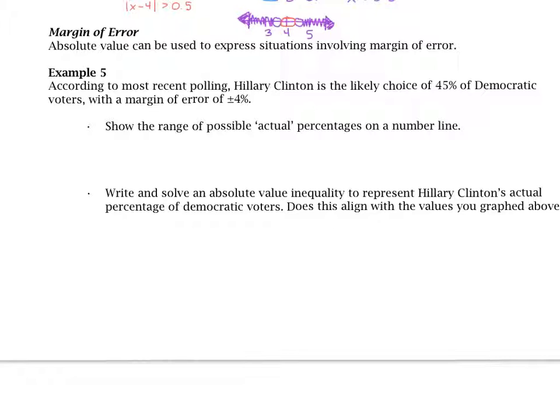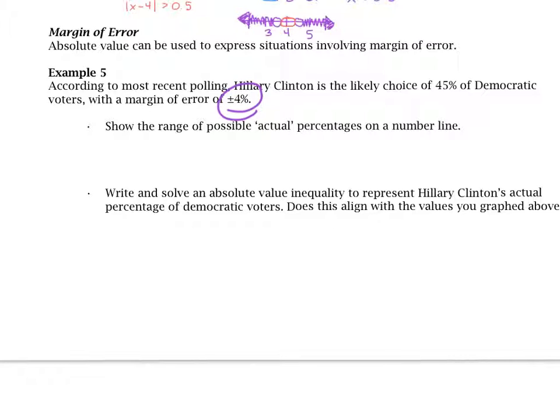And they found that most likely 45% of Democrat registered voters would vote for Hillary Clinton, but that is with a plus or minus 4% margin of error. Here's what that means: their best estimate is 45%. That's what they're throwing out there on all the news stations, she's at 45% of the vote.